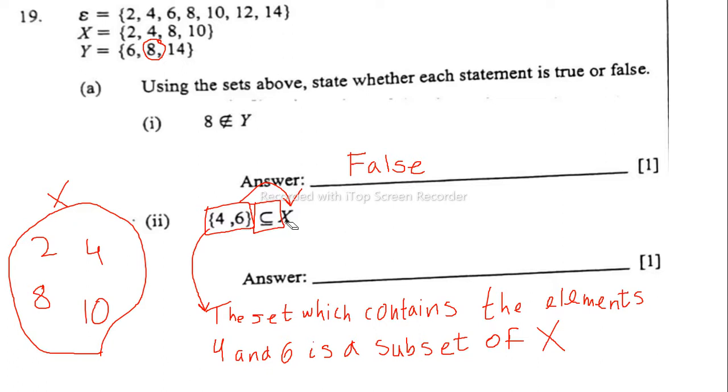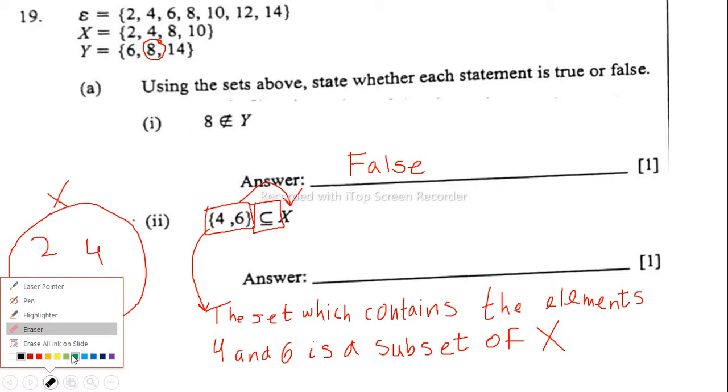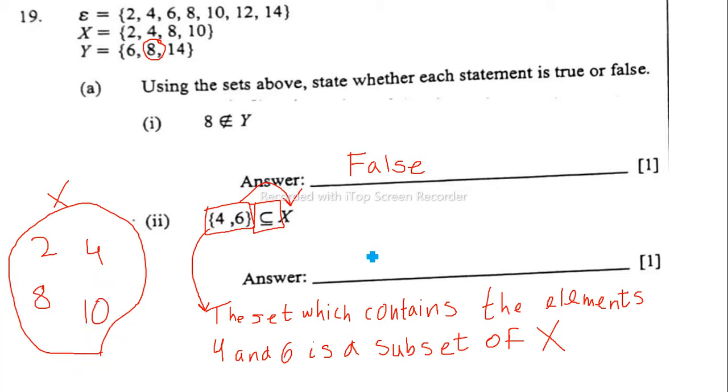Yes. So what I'm saying is that 4, 6, these two elements, are not inside X. And so that means that we cannot find this grouping inside of X. And so this is definitely true or false? False.